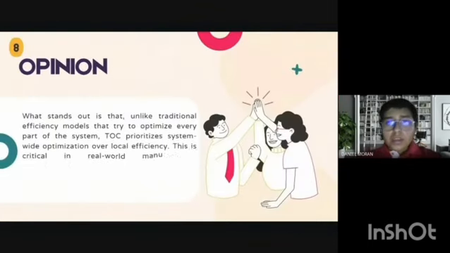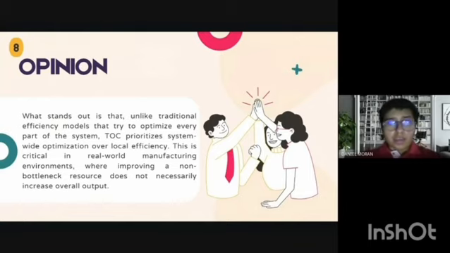To conclude, what stands out is that unlike traditional efficiency models that try to optimize every part of the system, TOC prioritizes system-wide optimization over local efficiency. This is critical in real-world manufacturing environments, where improving a non-bottleneck resource does not necessarily increase overall output. Thank you for your attention.